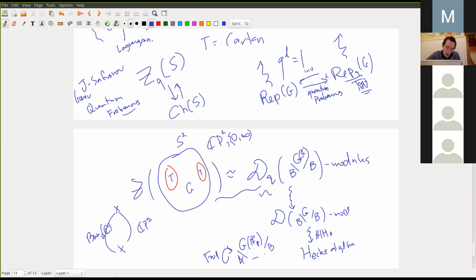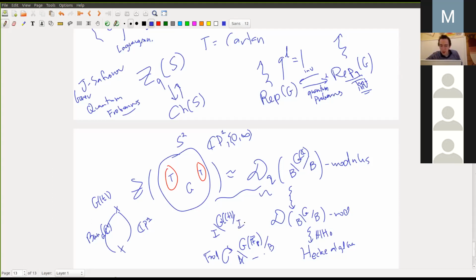And the bundle at 0 and infinity, somehow that data is going to involve the loop group, like G((t)), something like that. Sorry, right, that's probably where you were wanting to see me write G of t. Absolutely. So you threw in the function field of CP1.